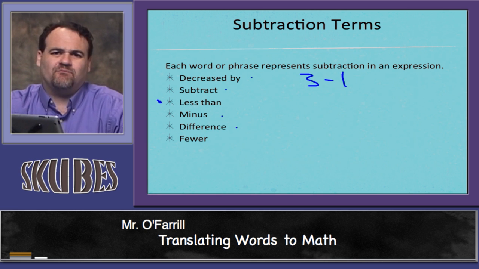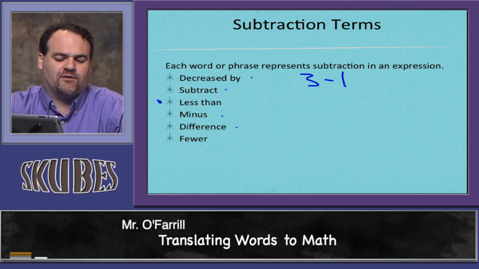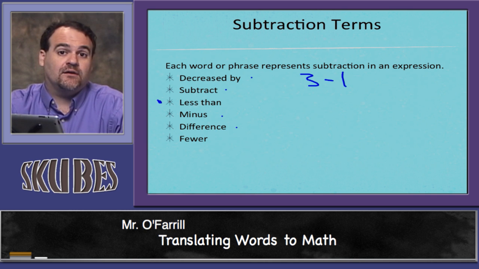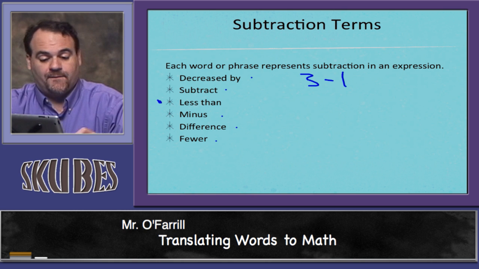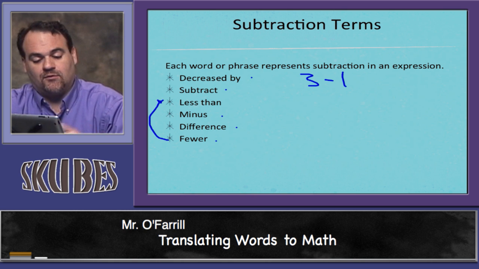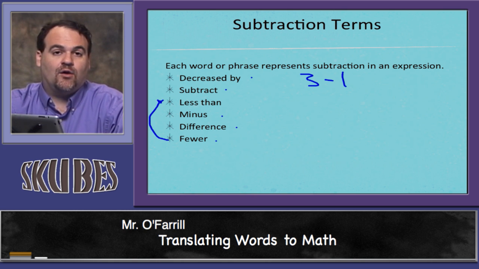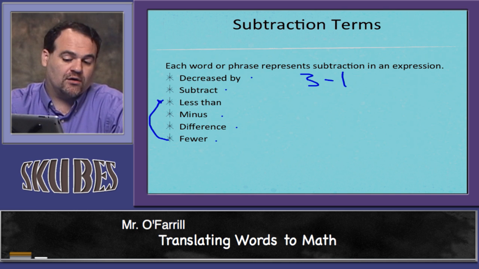And then this might sound a little weird, but you may encounter it, if we said 3 fewer 1 is one way of putting it. Or, and that's where these two are related, we could say 1 fewer than 3, or 1 less than 3. Do you see what I did there, though?